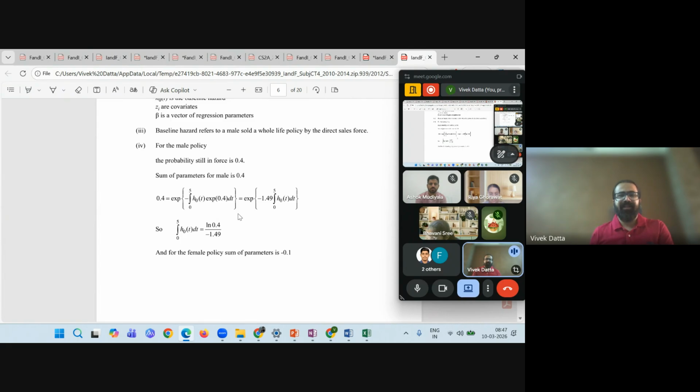Okay, they have done it directly. We have done it one by one. So what have they said? They said that H naught in e raised to minus the integral 0 to 5 of H naught t, exponential of 0.4 dt, is equal to minus 1.49 times the integral 0 to 5 of H naught t dt. Now, how has minus 1.49 come? Let's see.